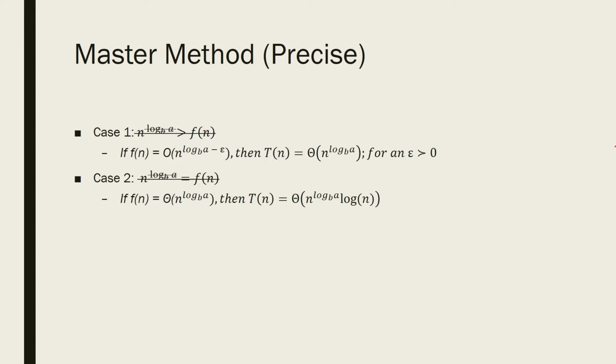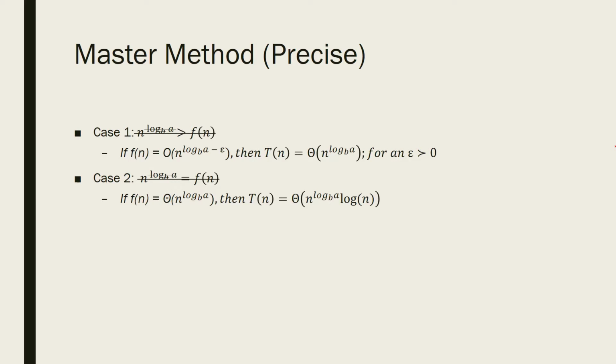For mathematical precision, we look at the cases again. The idea is the same, where we have our recurrence relation n to the log base b of a, if that's greater than our f of n function. But to be mathematically precise, we need to say if f of n is equal to big O of n to the log base b of a minus some epsilon, then T of n is theta of n to the log base b of a, for an epsilon that is greater than 0.